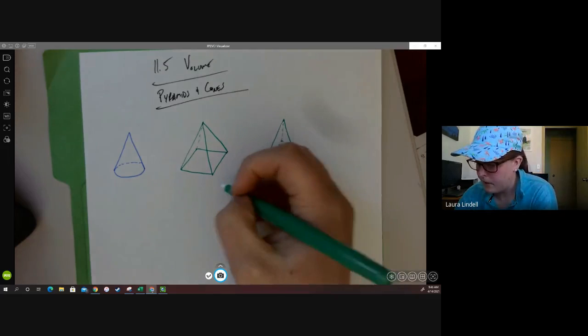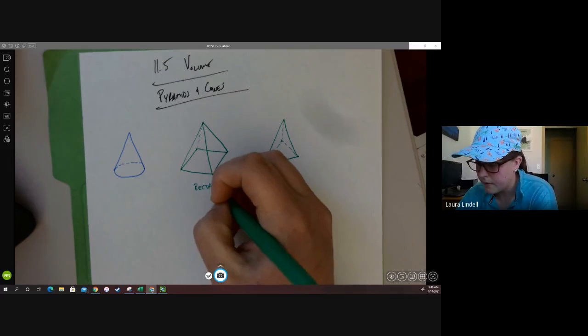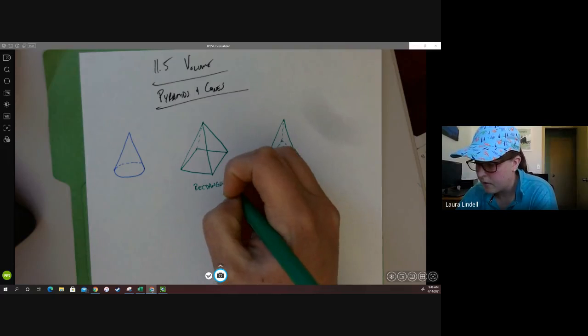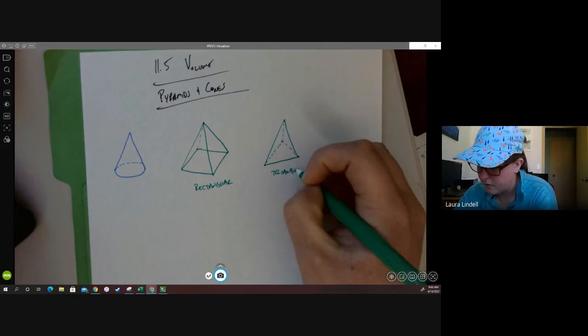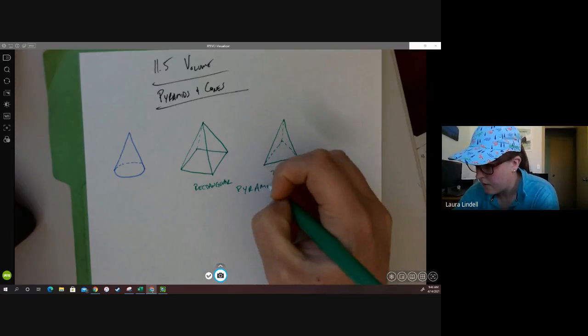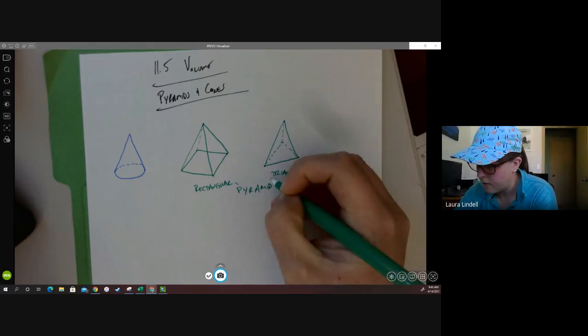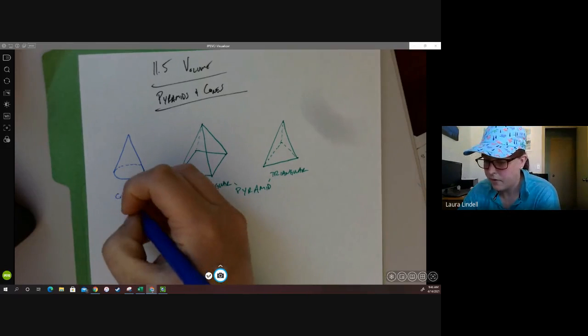Okay, so these would be pyramids. This would specifically be a rectangular pyramid. This would be a triangular pyramid. And then this would be considered a cone.